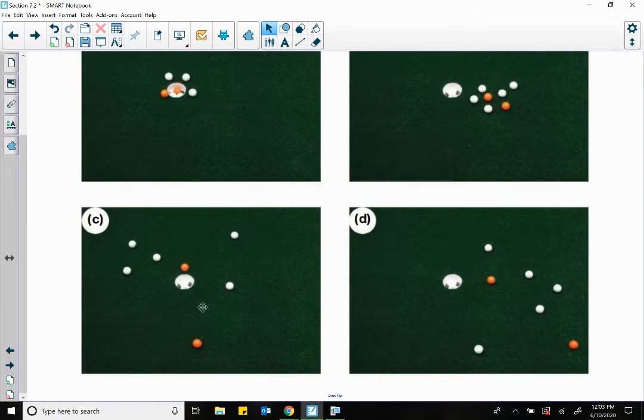Over here, poor accuracy and kind of poor precision as well. But the precision is actually a little bit better over here because we have our balls all on the right side. We're hitting it all in the same direction, but the accuracy's still off and the precision is still off. It's not as clumped together.